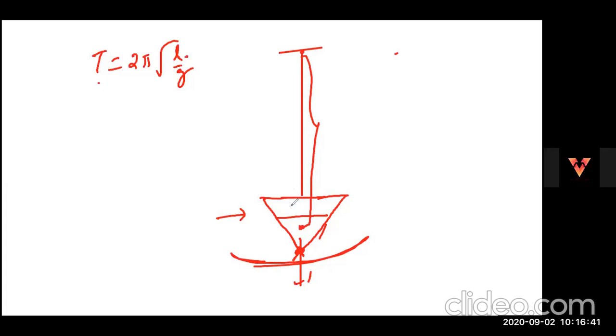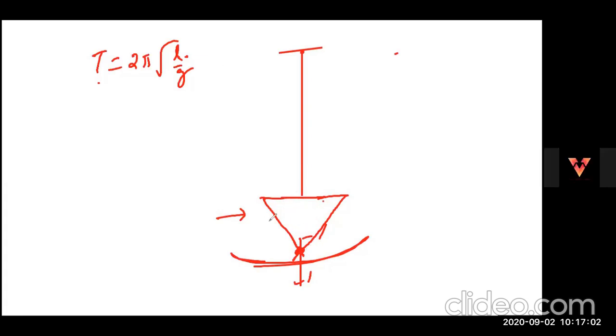Sir, how will the length increase? When water decreases, the center of mass changes. Initially, this is full of water. Somewhere here, the center of mass will come, right? When water is leaking, water goes down, right?